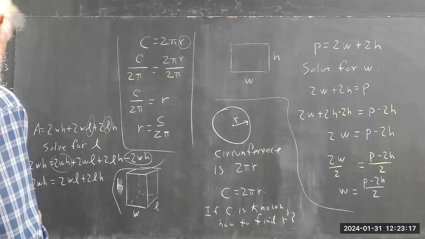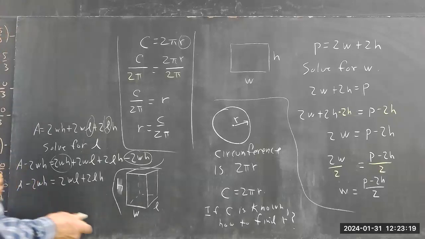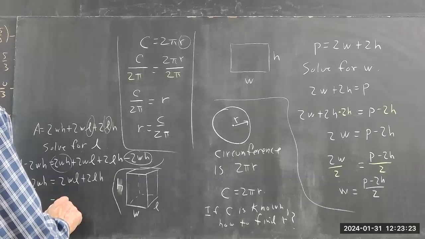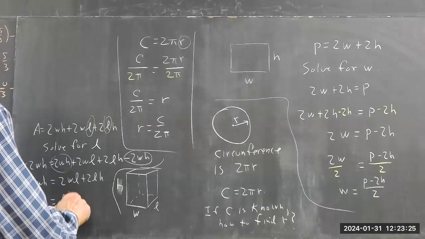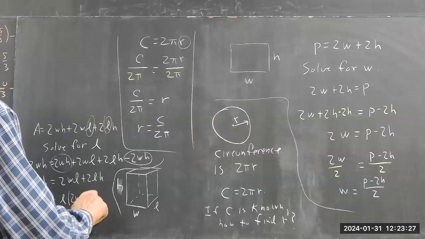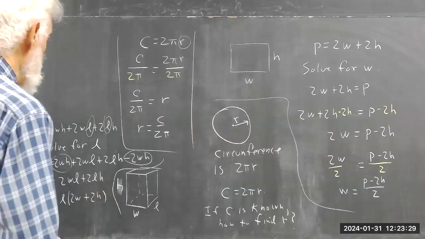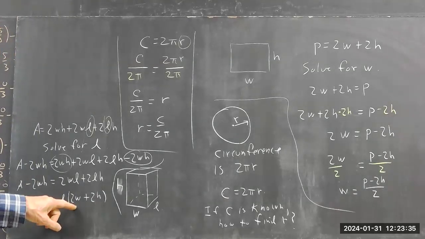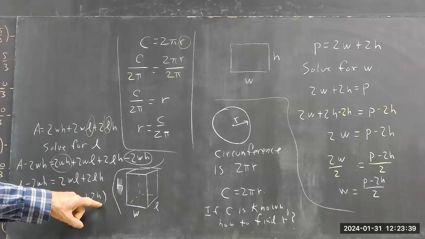There's a step that I wish I had a little more time to explain, but I'm just going to tell you that this is equal to L times two W plus two H by the distributive law. If I multiply through, I get two WL and then two LH.